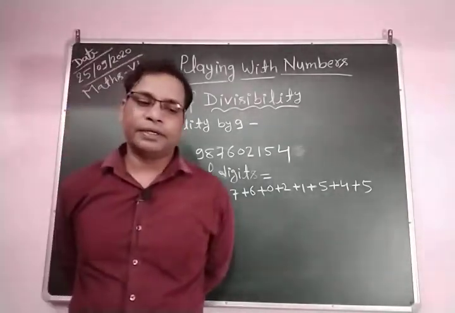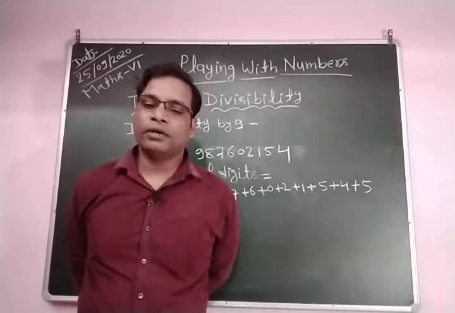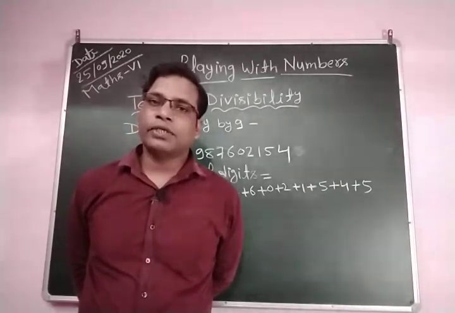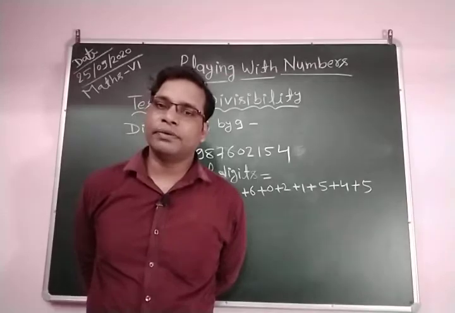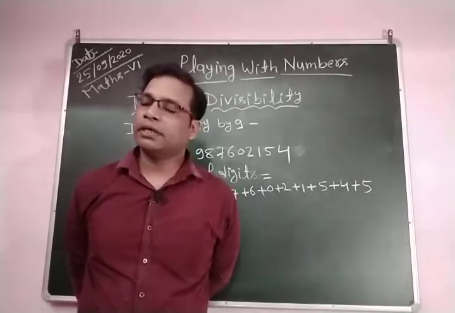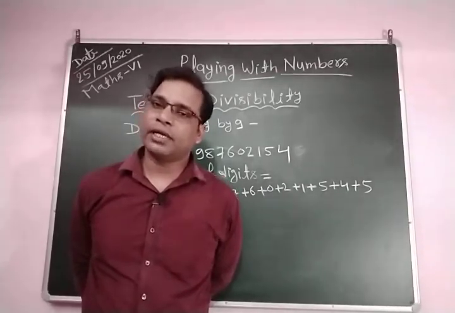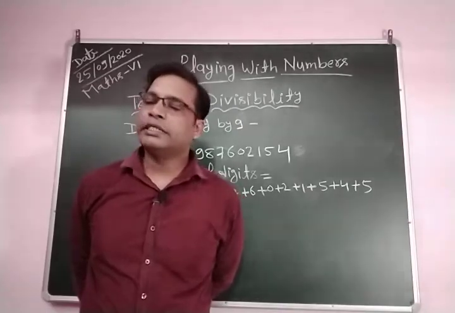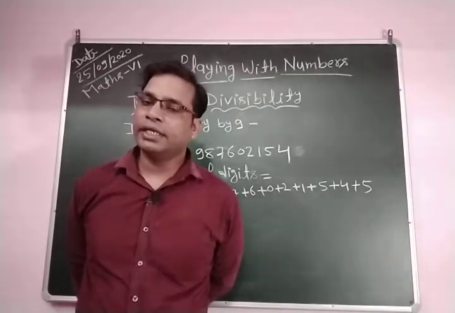Now we are going to discuss the divisibility test of 4. What is the divisibility test of 4? How can we check whether any number is divisible by 4 or not? Let's see.